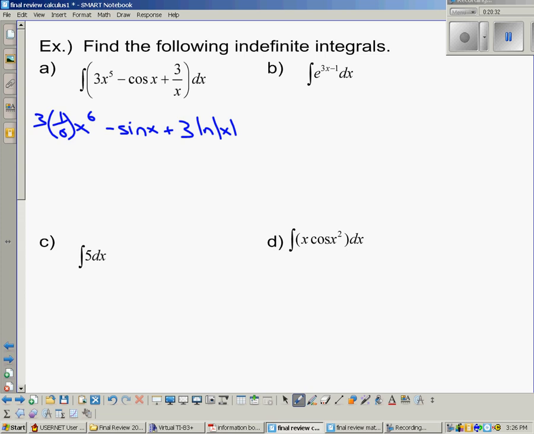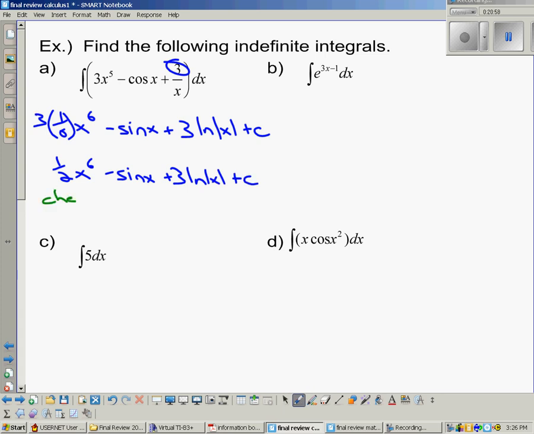And we need our 3 out front because we had a 3 here. Okay, the last thing you need to make sure you remember when you're finding indefinite integrals is plus c. There could be any constant tacked on to the end. So simplified will give us 1/2 x to the 6 minus sine x, 3 ln of absolute value of x, plus c.